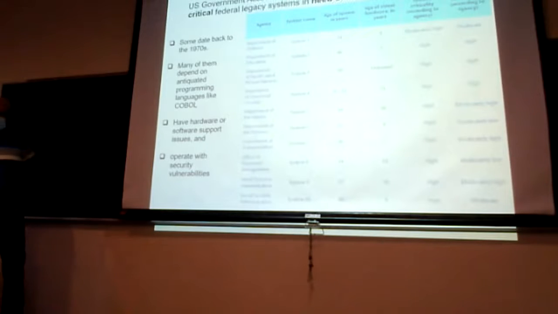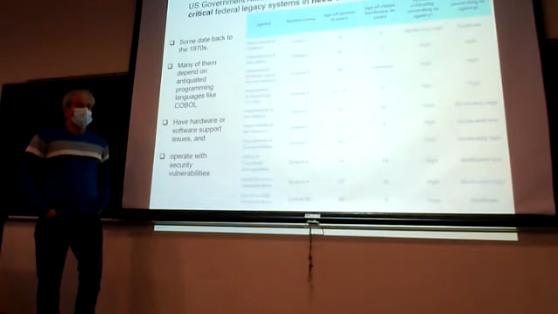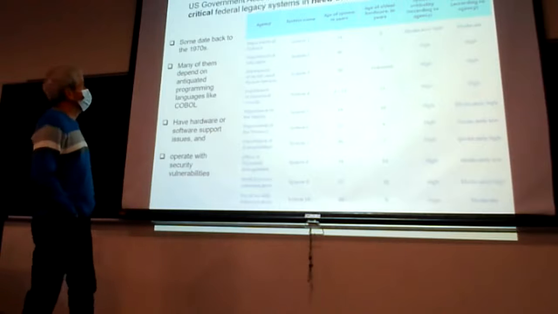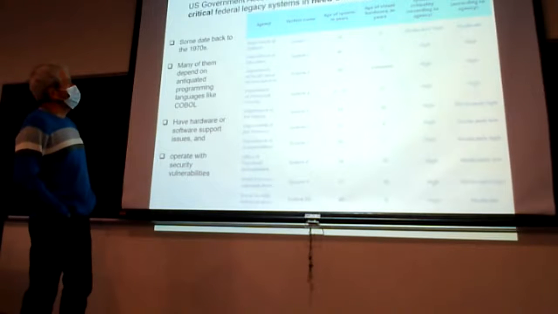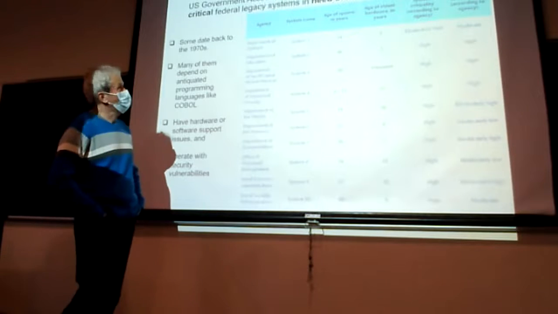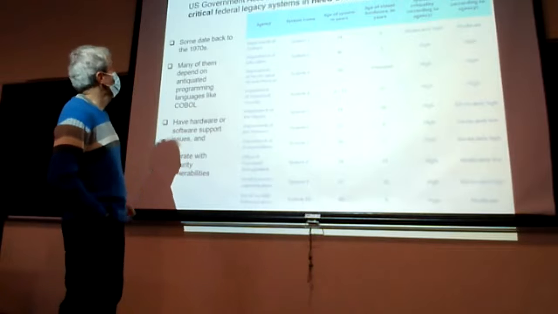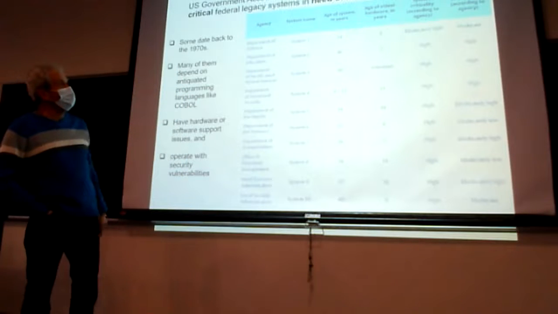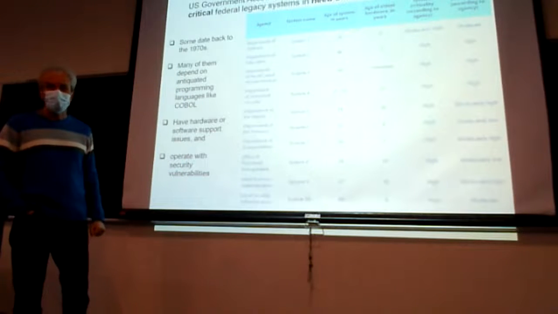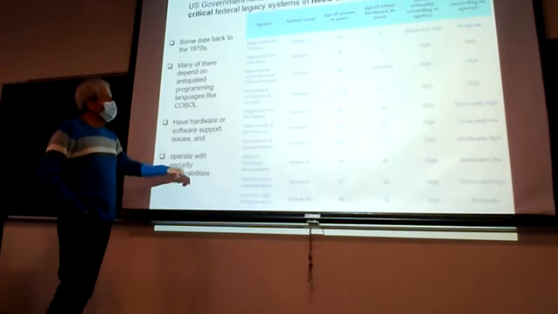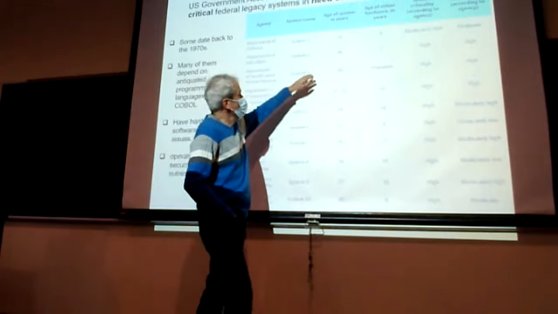Let's look at some of the data from the US, and it's actually interesting. So the US Government Accountability Office identified the 10 most critical federal legacy systems which should be modernized. Age of system in years.